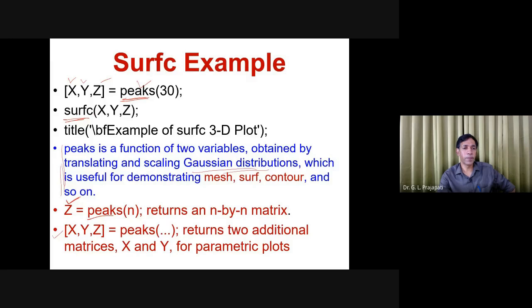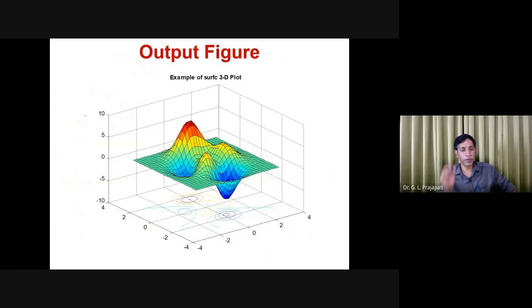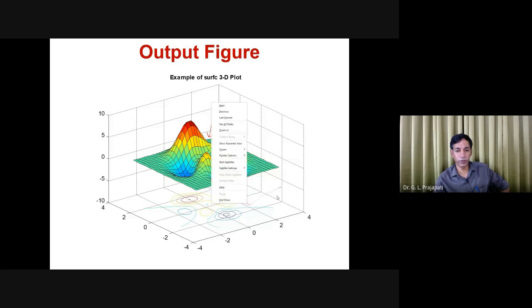Now you can use peaks, or you can create them earlier using meshgrid. Now the question is, this is surfc. You are going to combine the surf command and contour, surf and c. Once you combine this, you get the answer like this. This is the surf, and this is the contour below it.